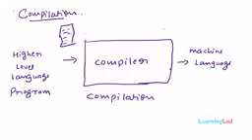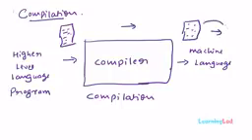It will read this program and convert the entire program to machine language, and then this machine language code will be executed. So the compiler converts the entire program written in the high level language to machine level language, and then that machine level code is executed.